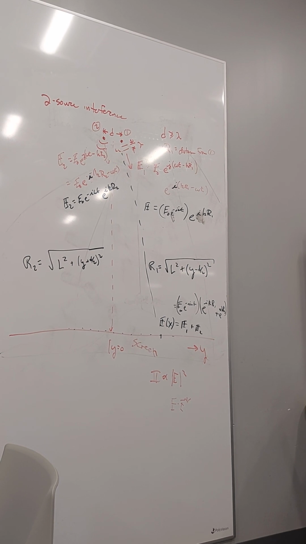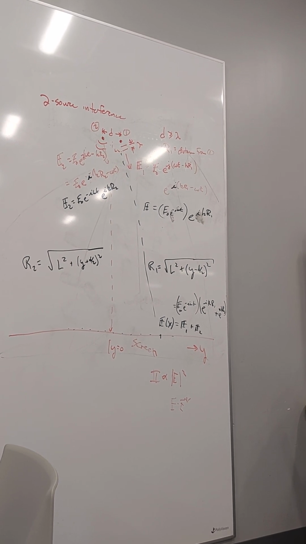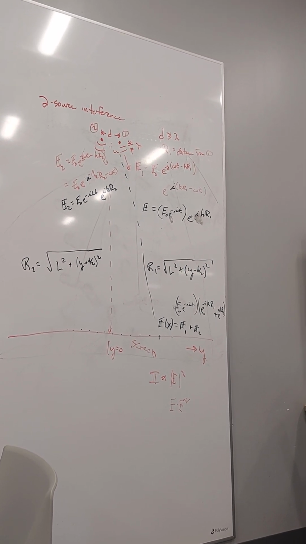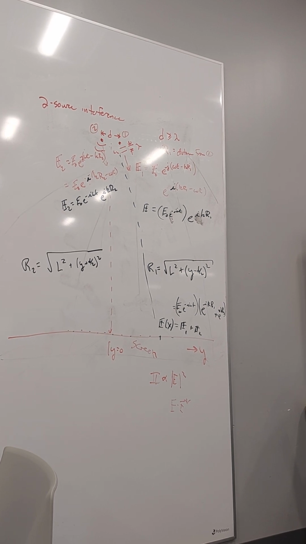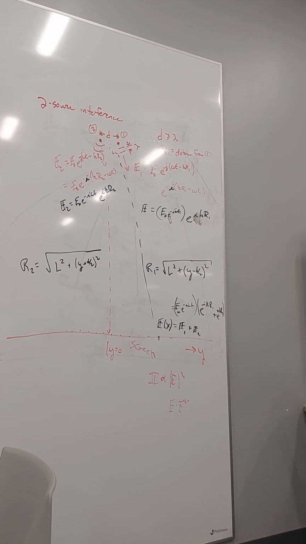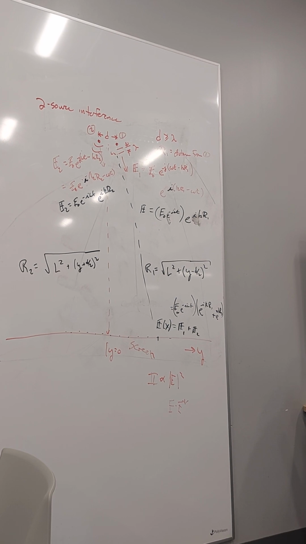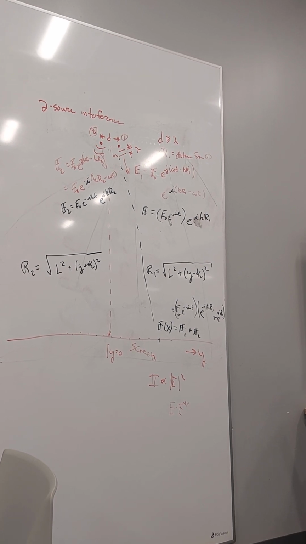File, new file. Let's call this Phy362 fall 23 double slit.